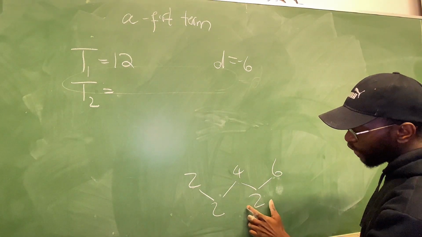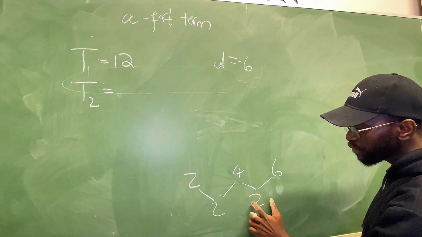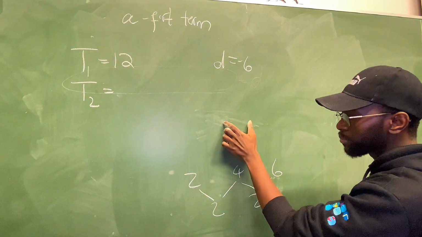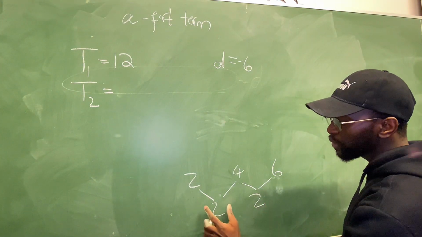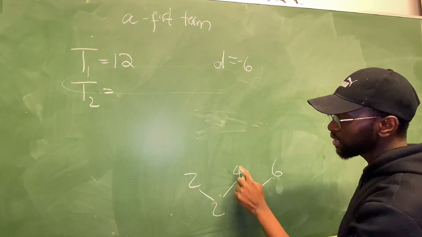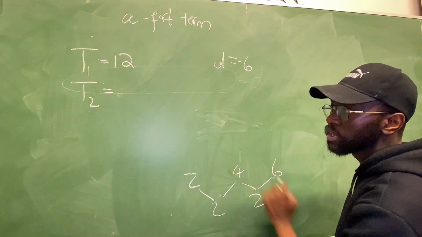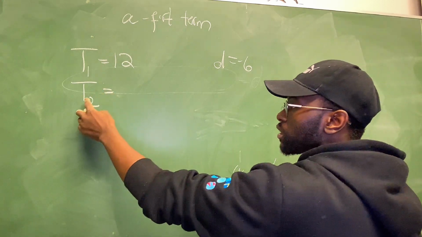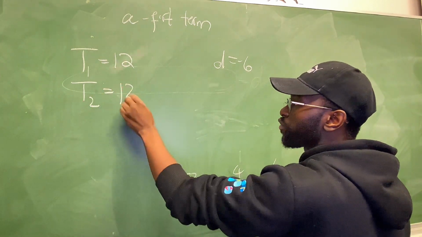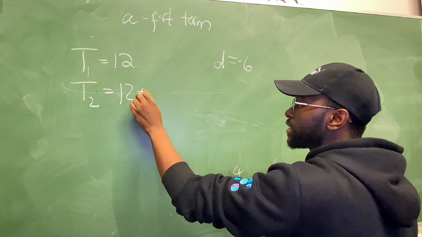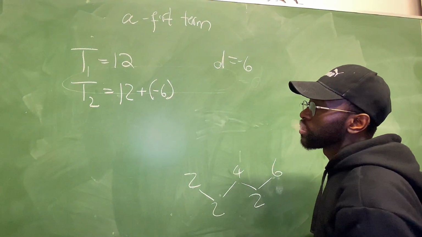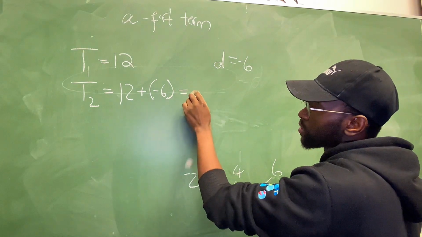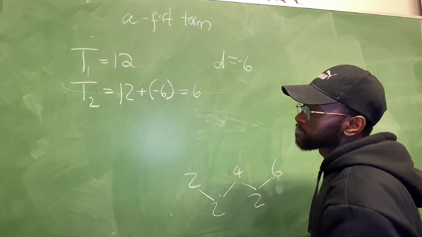But for us to find the common difference, and difference means subtracting two numbers, to find this value that you need to add, we do it by taking this value and subtracting it from this one. So T2 we get by taking the first value and adding our common difference D, and then we will get 6.